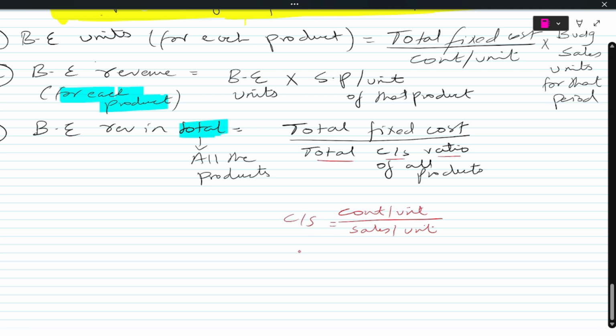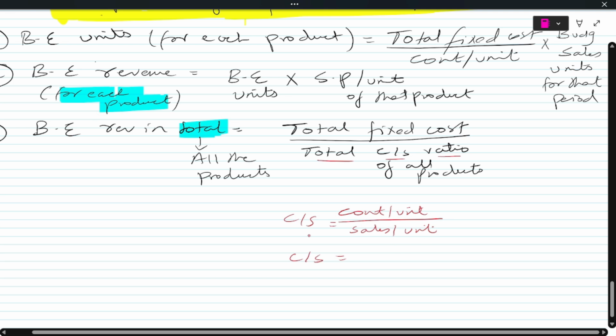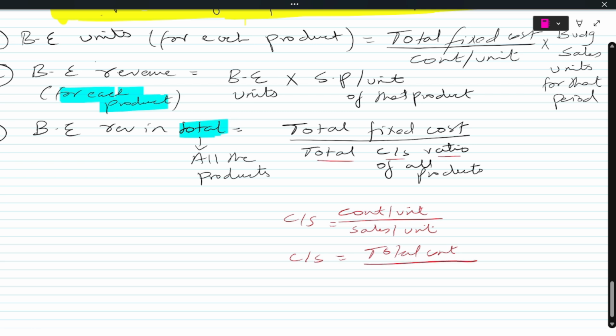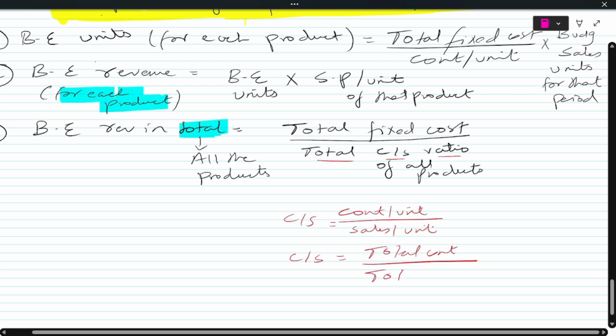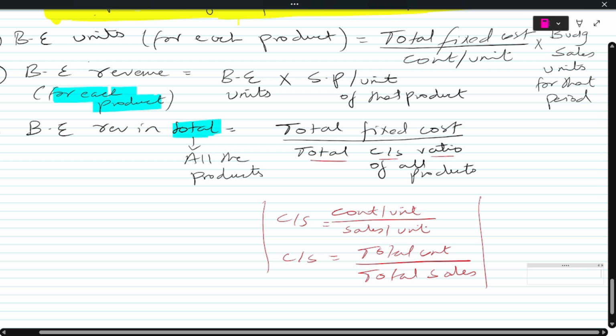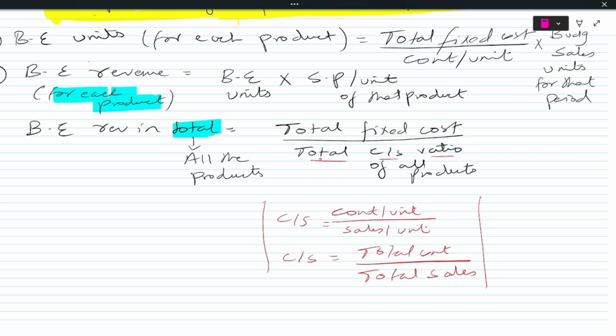And the other way that I taught you guys to calculate CS ratio was to take the total contribution of that product and divide it by total sales, right? So this is how we learned for single product, from our previous videos. Now compare this with the total CS ratio that we'll be using over here for our multi-product scenario.